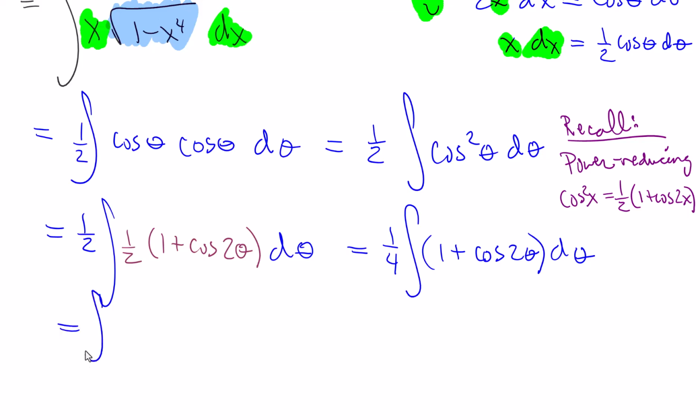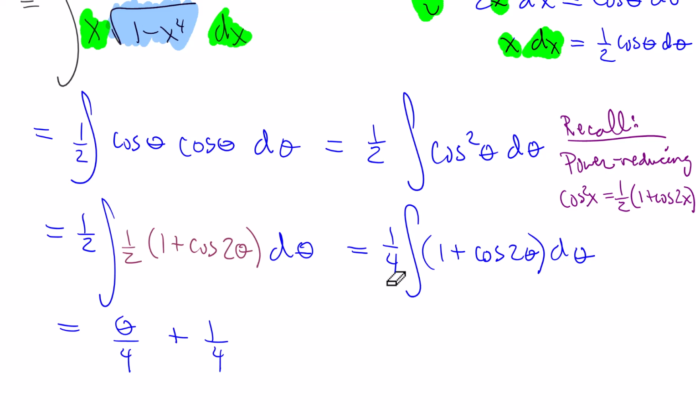This is just equal to, actually we can do this by now, right? So the 1/4 times the 1 is really 1/4. The antiderivative of that would be theta, so we'll call that theta over 4 as the first term antiderivative. Okay, and then proceed, so plus, we'll have another 1/4 because we're distributing that 1/4 into all the terms here.